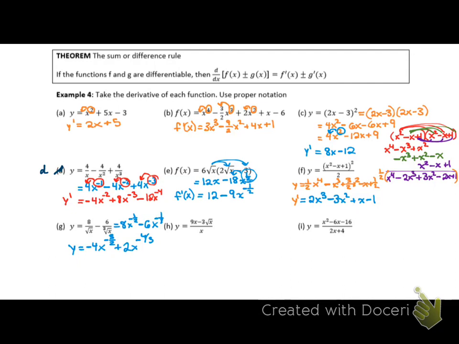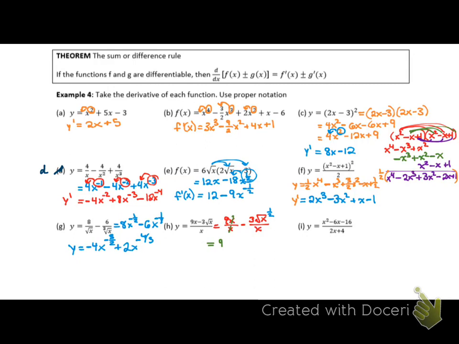For H, if you notice, there's just an x in the denominator, and we don't have a rule yet for where you have division. So what we're going to do instead is split up our fraction. We're going to have 9x over x minus 3 root x over x, which means that these x's cancel, so we just get 9. And then for the root x, remember that's just 1/2.